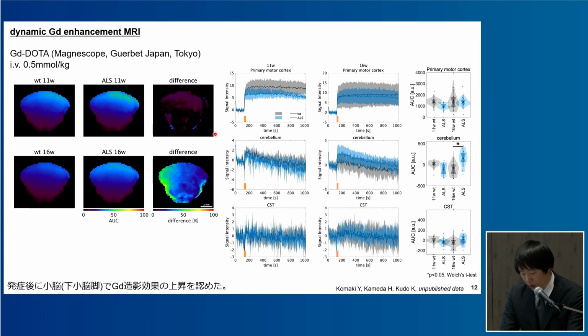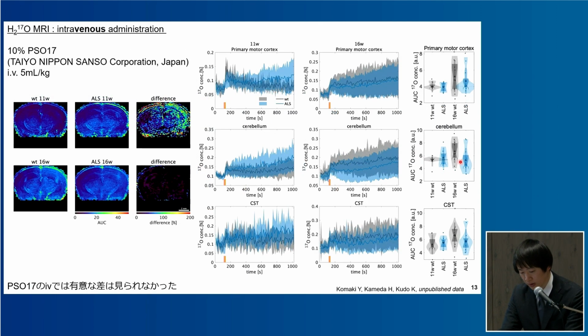The AUC was determined for the post-injection period, and an increase in gadolinium contrast effect was observed in the cerebellum after the onset of ALS. Similarly, we observed water dynamics after the intravenous injection of PSO-17 using indirect methods. No significant differences were observed due to sensitivity issues.